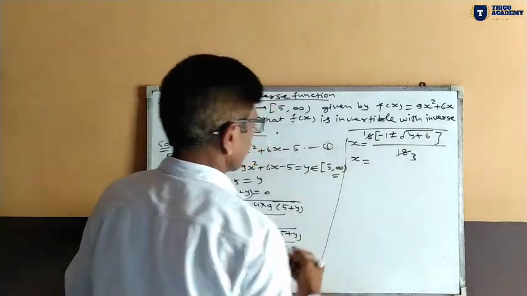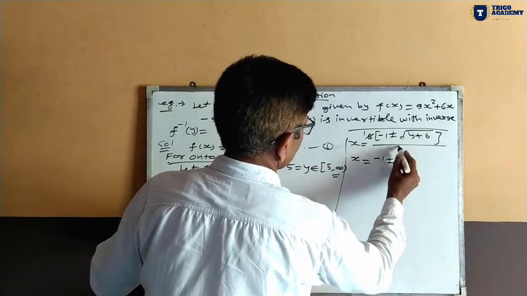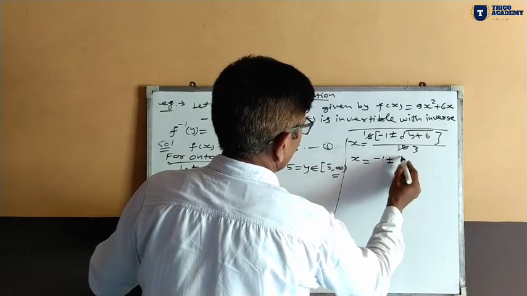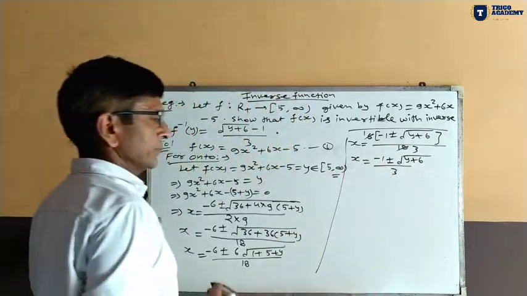So in this way x is minus 1 plus minus root y plus 6 upon 3.